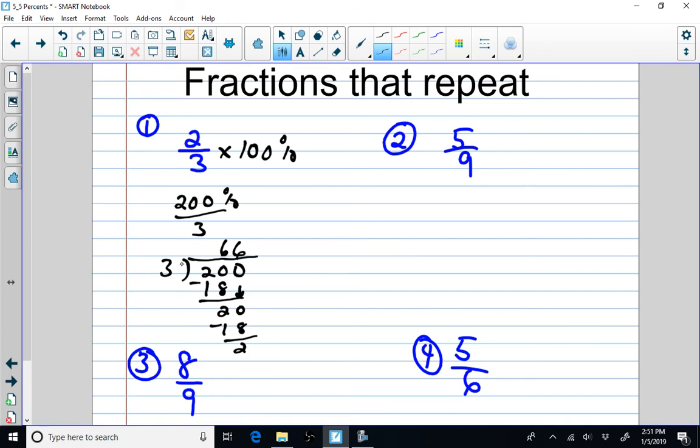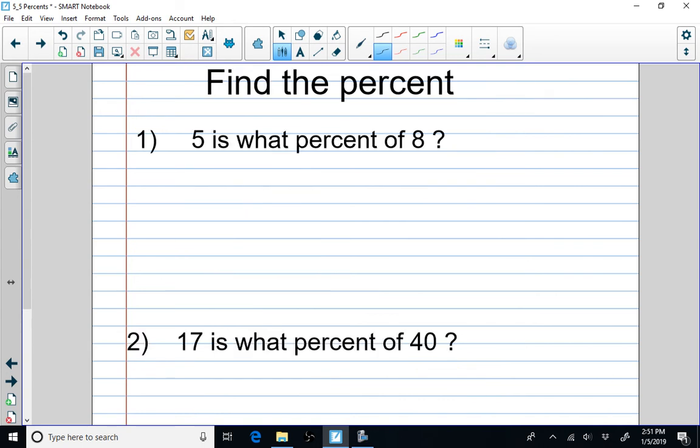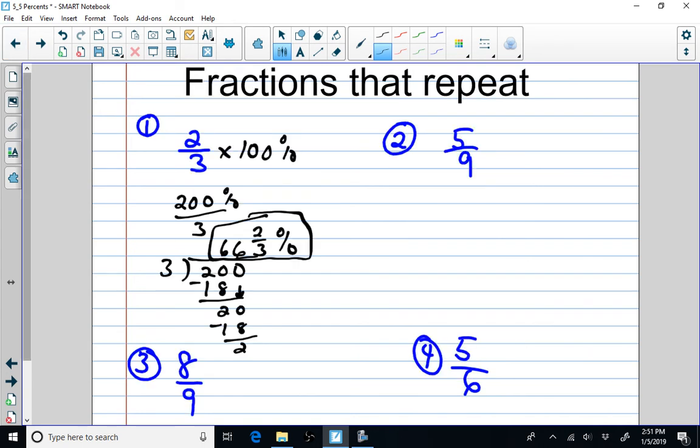That remainder of 2, I put over my divisor of 3, and I write that as a fraction. So 66 2/3% is the same as the fraction 2/3. All right? So when I want to write a fraction as a percent, I multiply by 100%, and then I do some long division.